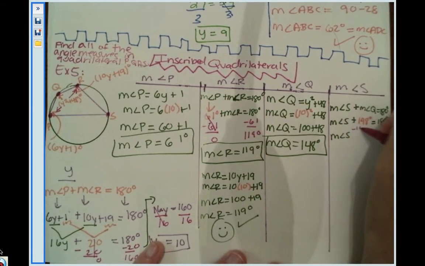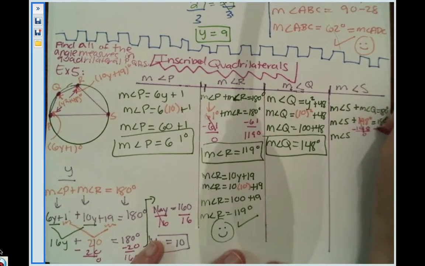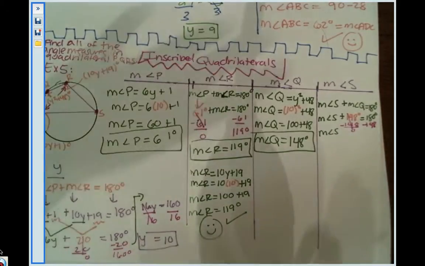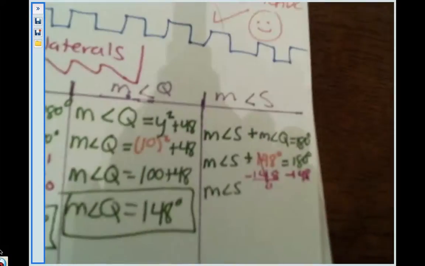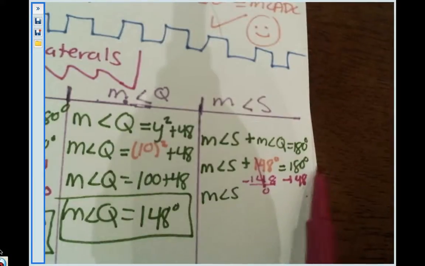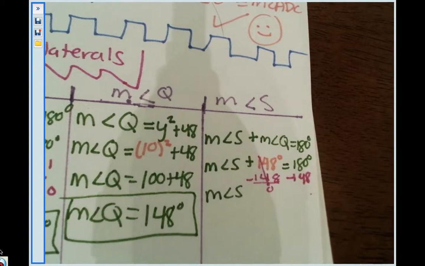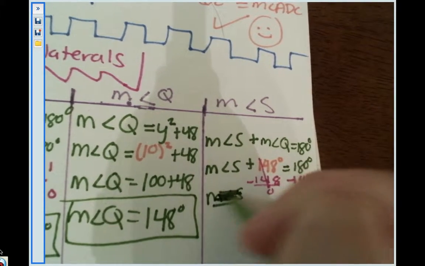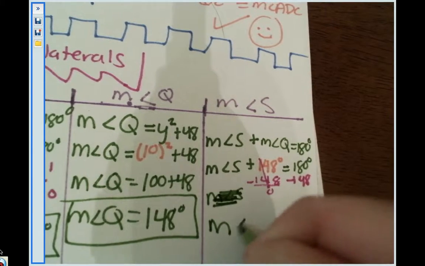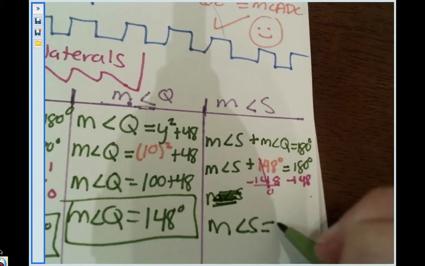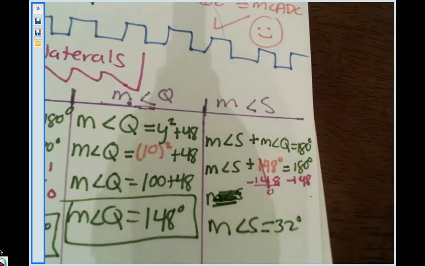I subtract it on both sides, which this one cancels and turns to 0. Okay, and then 180 minus 148. Sorry, that says 148. I'm going to zoom in so you guys can see it a little better. So 180 minus 140 is 40 degrees. Minus 8 more is going to give me 32 degrees. So the measure of angle S equals 32 degrees.